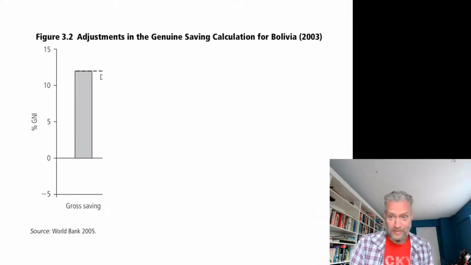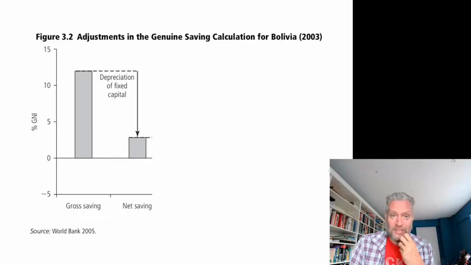So what do they find? How does this work? Let's look at an example for Bolivia. So you can take the gross savings here shown as a percentage of income. Gross savings is around 12%. Then you need to subtract depreciation of manufactured capital, so you get to net saving. That's a lot lower.